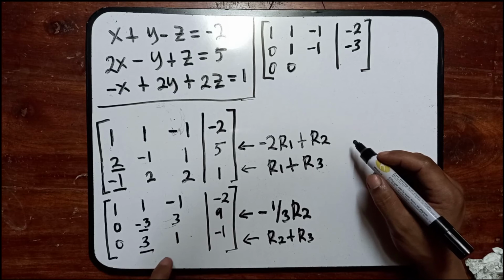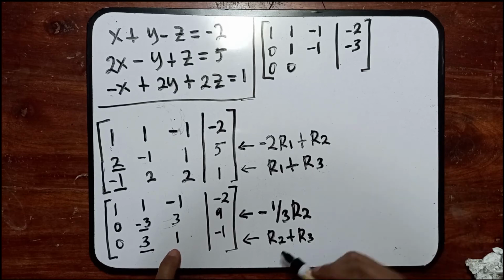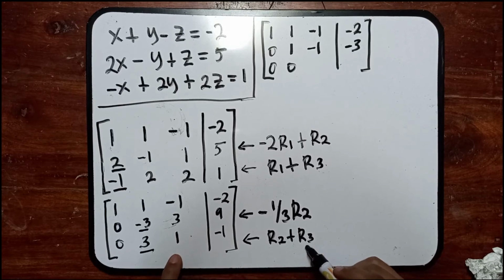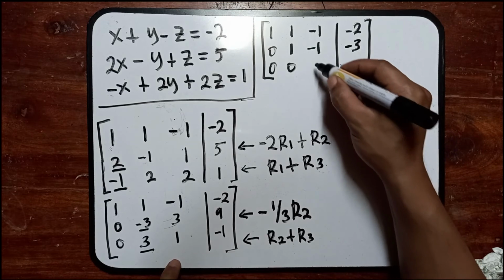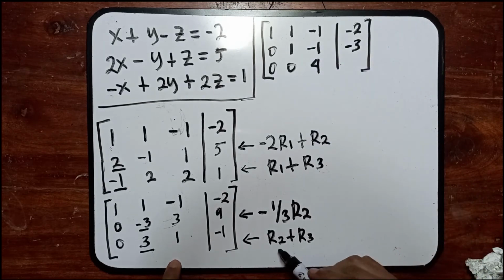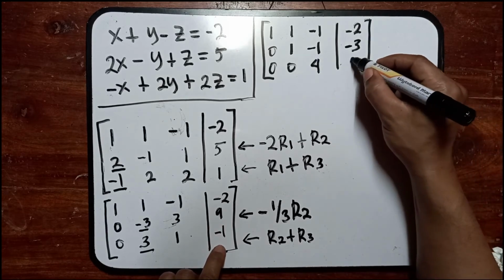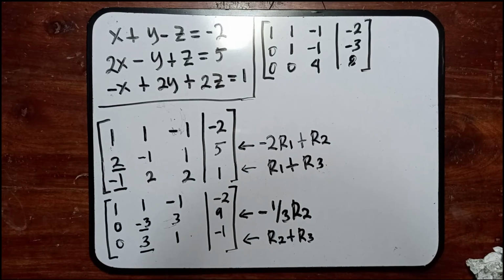Positive 3 plus R2, remember R2, so R2 is positive 3 and R3 is positive 1. So let's add this, we will have 4. R2, 9 plus negative 1, this becomes 8. Okay, so there you go.